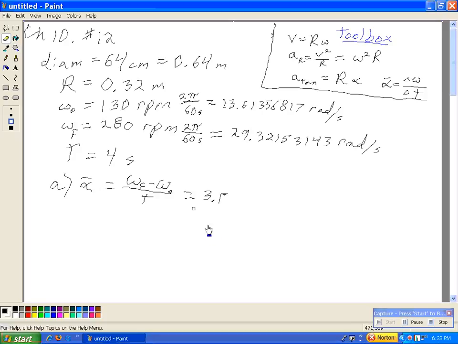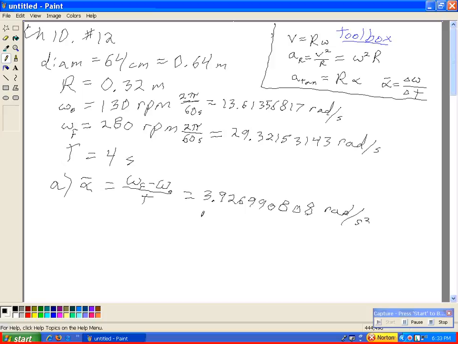Let's try that again. 3.926990808. That's radians per second squared.